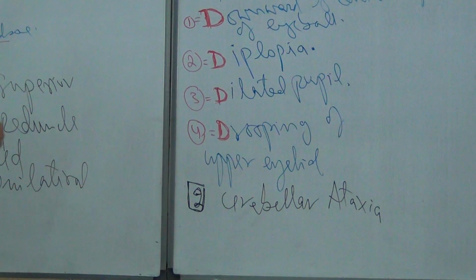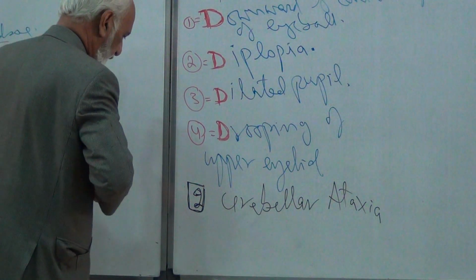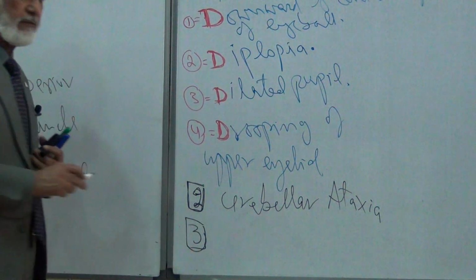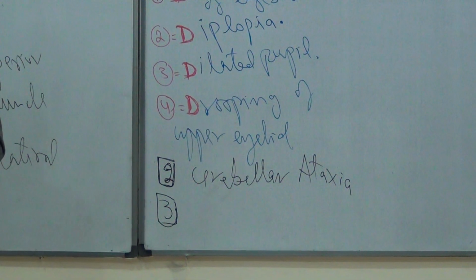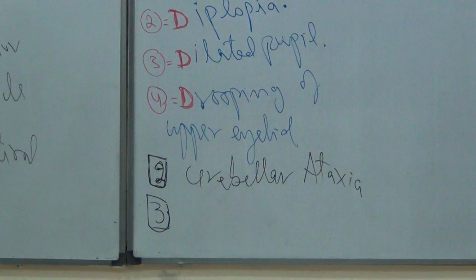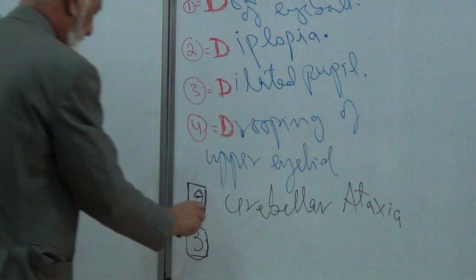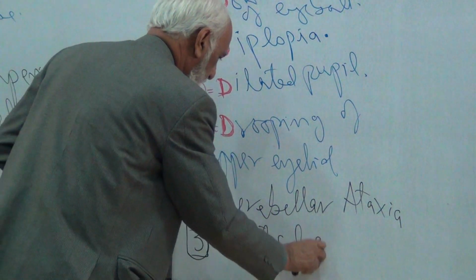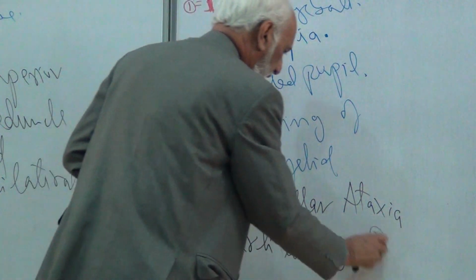Then the vertical gaze defects, because of involvement of the vertical gaze center, that is the interstitial nucleus of Cajal.